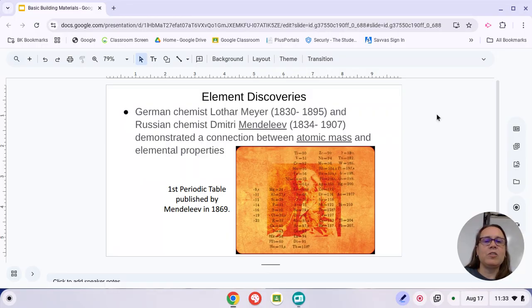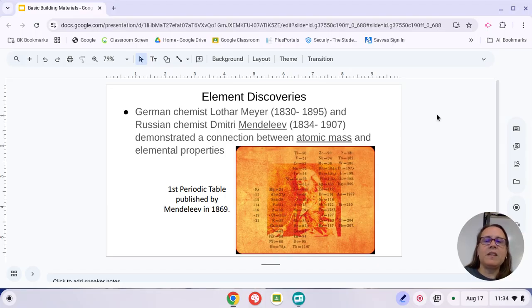You can see a picture here of Mendeleev, and this is actually a copy of one of the first periodic tables that he came up with, which obviously doesn't look anything like our periodic table today. If you look really closely and compare it with the periodic table, you'll notice that those numbers are not the atomic numbers, the ones that go in order on our periodic table today, but they are actually the mass, or how much matter is in each element.